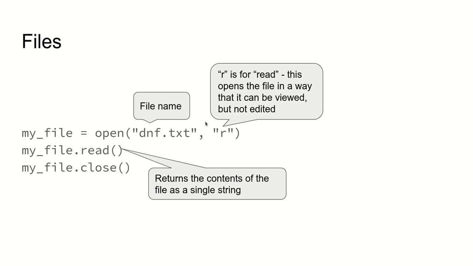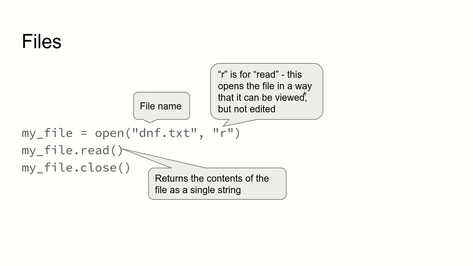Are you opening it for reading and writing, etc.? So in this case, we've given R as the type of access we're going to do, which is read access. We can view it, but we cannot edit it, and that's safe. That makes things a little bit safer.